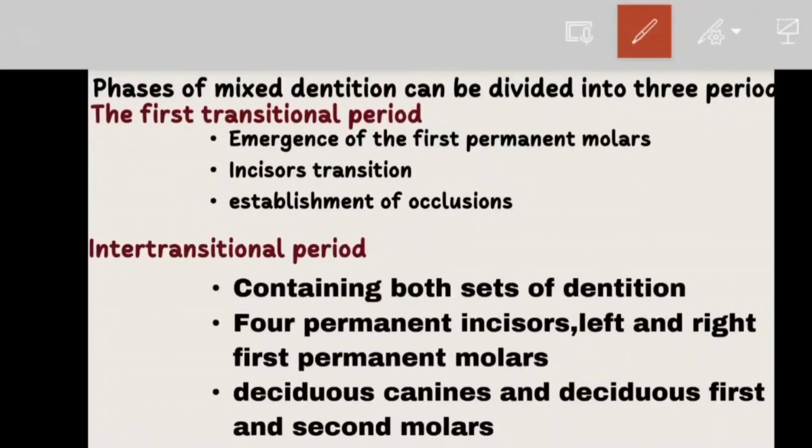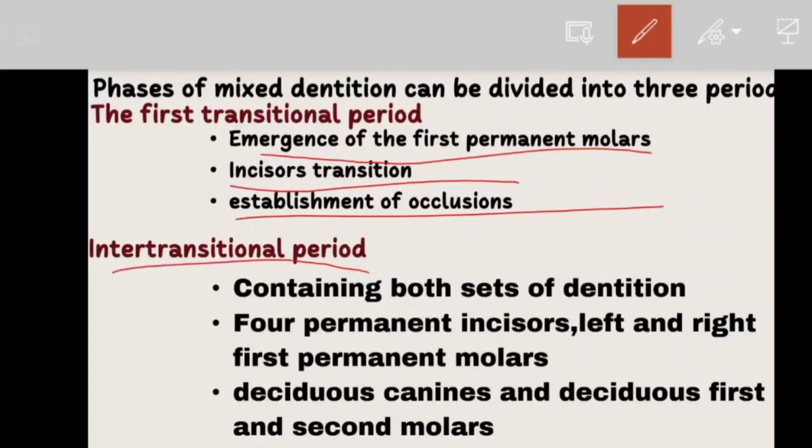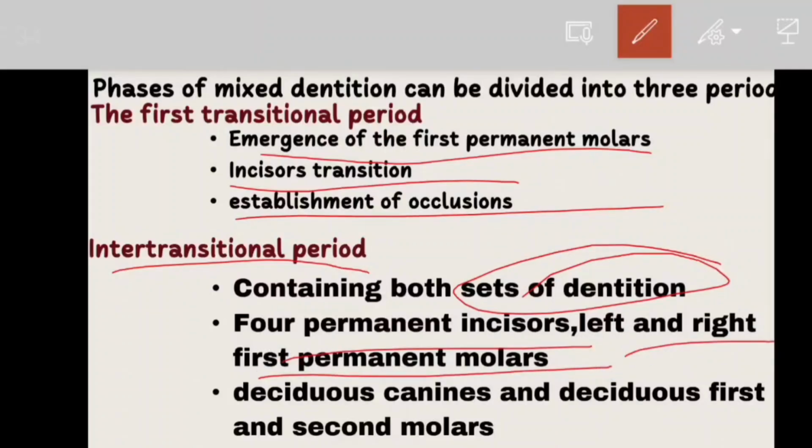Now we see the phases of the mixed dentition, which is divided into 3 periods. The first is the first transition period, where there is the emergence of the first permanent molar, which includes incisor transition and the establishment of the occlusion. The second is the inter-transitional period, containing both sets of dentition: the permanent incisors, left and right first permanent molars, and the deciduous canine and deciduous first and second molars.